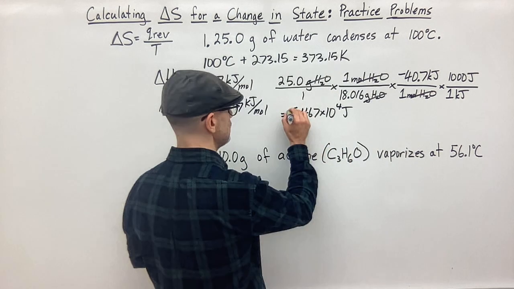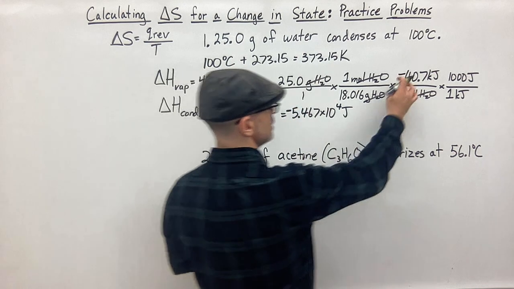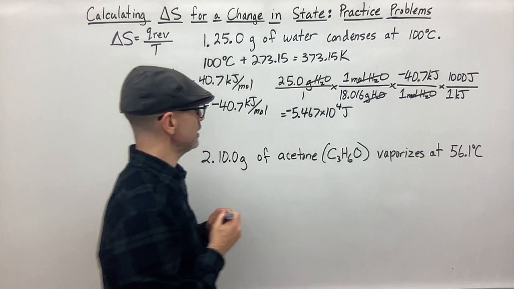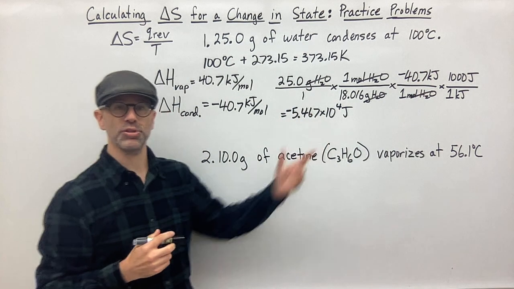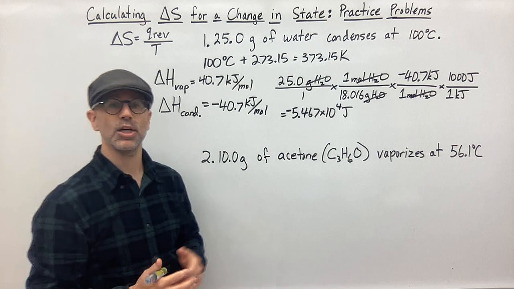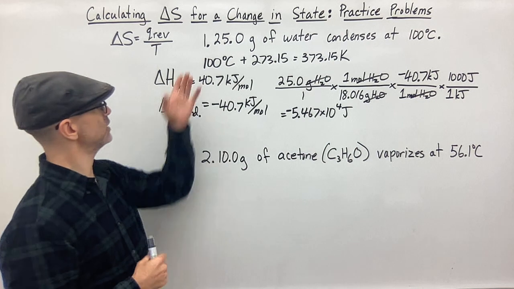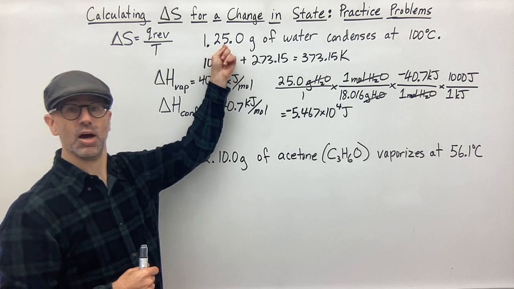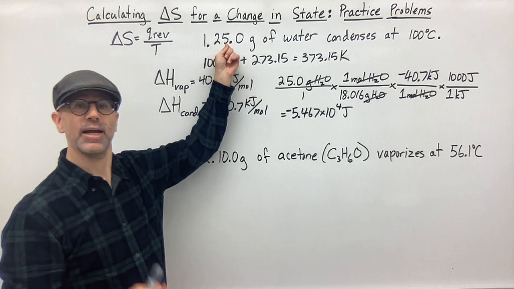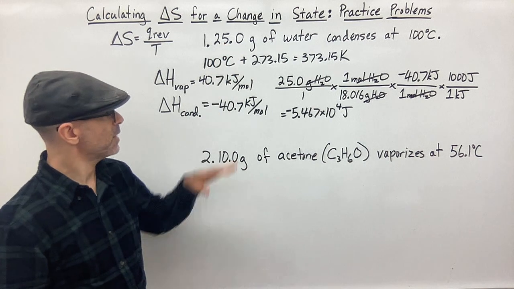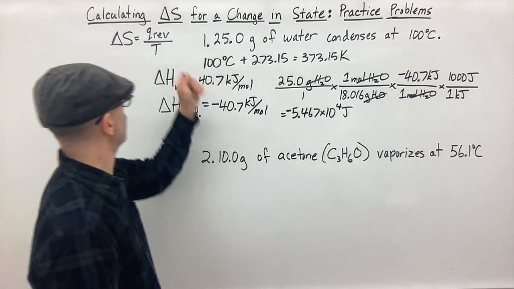And don't forget that this is negative because this is negative here. So this is the amount of energy in joules that was released during the condensation process of 25 grams of water at 100 degrees Celsius. So now I have the joules, which is our Q.